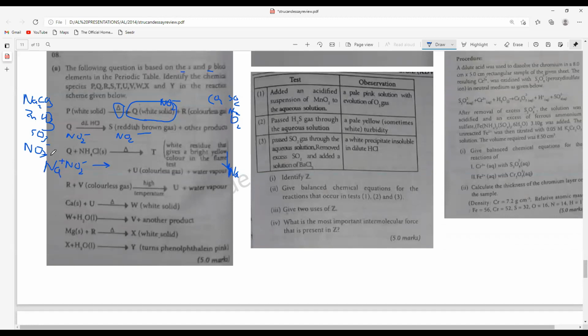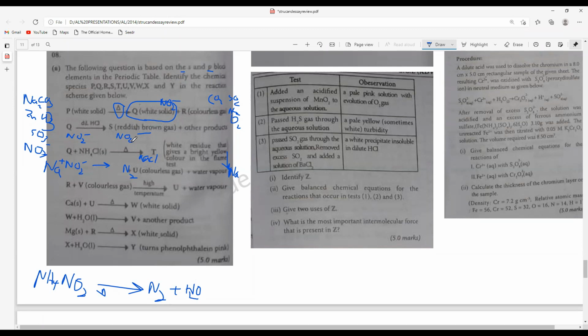So NaNO2 reacting with ammonium chloride will give NaCl, principally, and the remaining one is ammonium nitrite, NH4NO2. When you heat it, it will give nitrogen plus water. So that is what they have done here. The colorless gas is nitrogen, and water is evaporating.